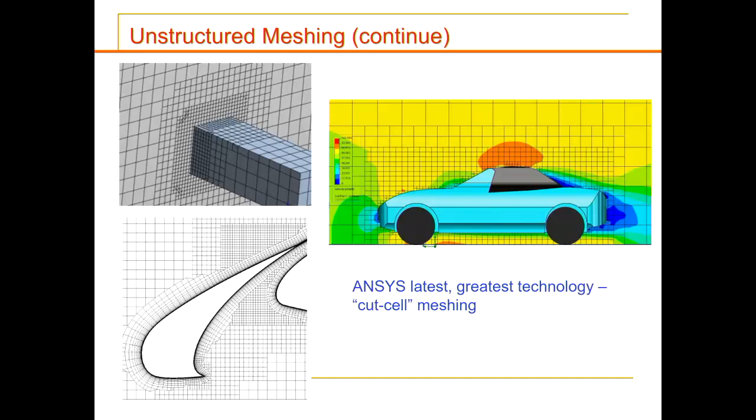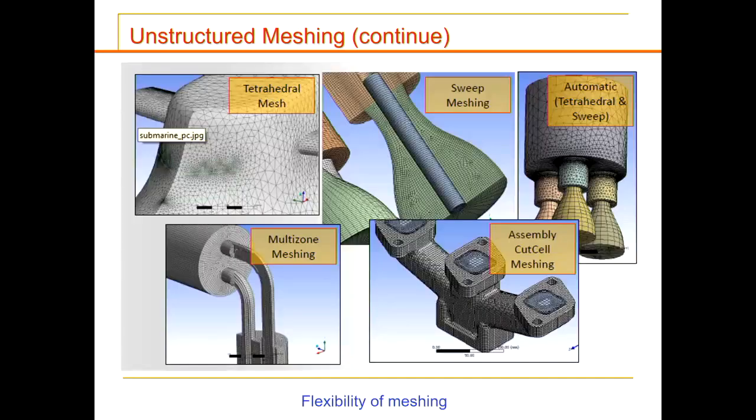It's basically like an overlaying mesh on top of a background mesh. Okay, that's one strategy. If you want to resolve the flow along the body of this car itself, you can use an overlaying mesh or embedded grid inside. Okay? So there are other features as well for this type of meshing.